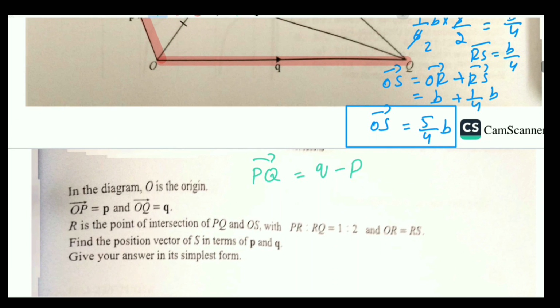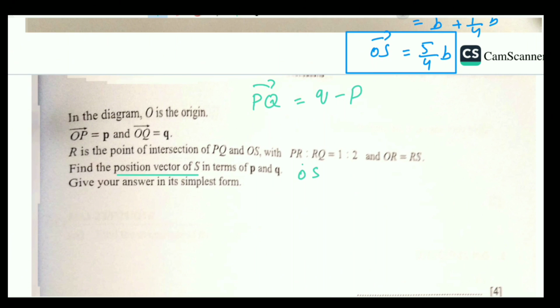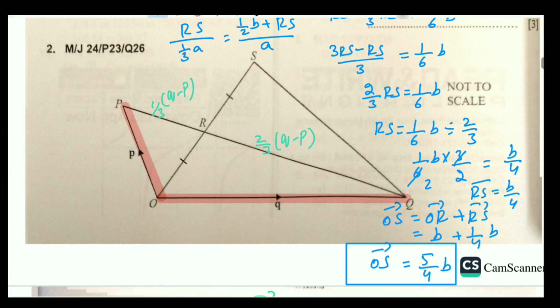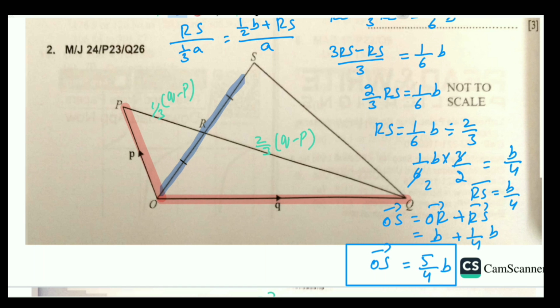Okay. Now we are going to find the position vector of S. Position vector of S means OS. So we are going to find OS, and how do we find OS? We have to choose OR plus RS. This is the path we have to choose.